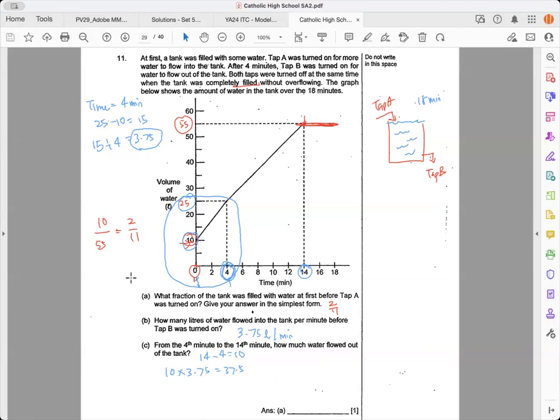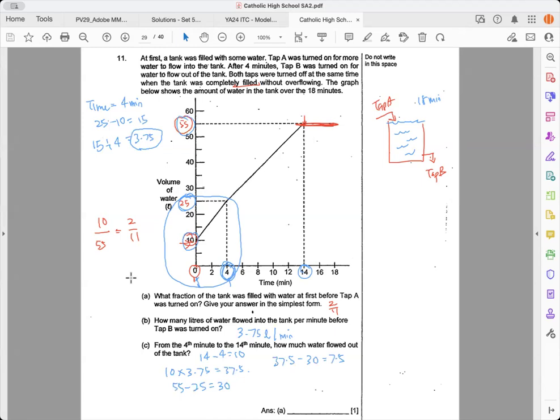But from 25 to 55, there's a change of 30 liters, which is less than 37.5. Why? Because there's a missing 7.5 liters.